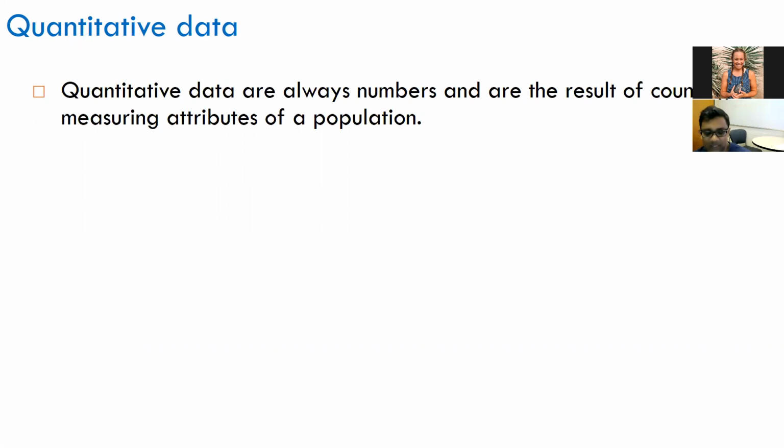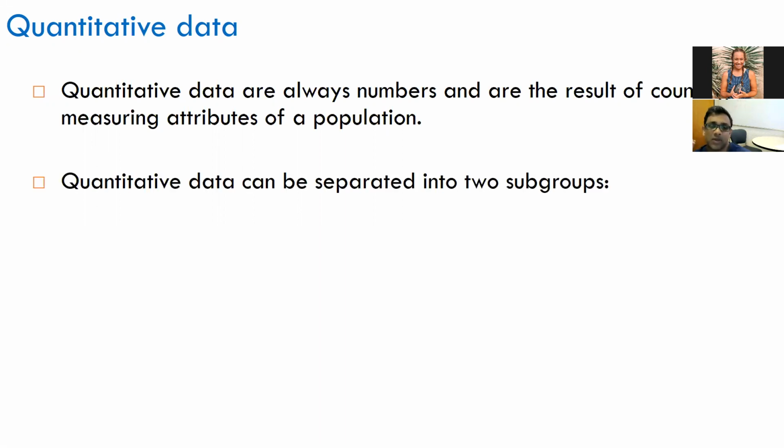Some people, mainly in laboratory experiments, sometimes count the number of microorganism groups or operational taxonomic units, OTUs, all this stuff. So those are also numbers, or those are also quantitative data.